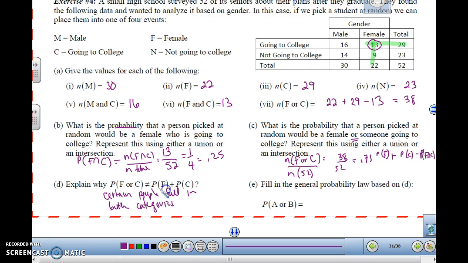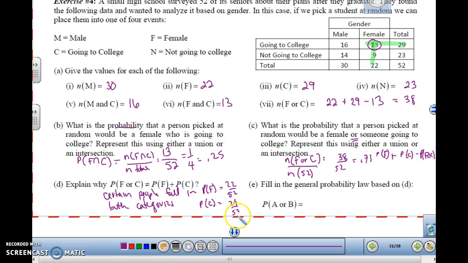So P of F, we know, is the probability of getting F was 22 out of 52. And then the probability of getting college was 29 out of 52. When you add that together, that's more than 52. There's overlap there, so it's going to be too much of a value.